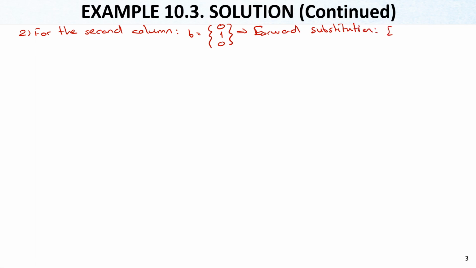In other words, L D equals B, and solve this. And B is 0, 1, 0 actually. Let's make this B like this.